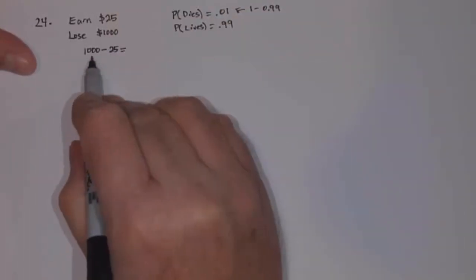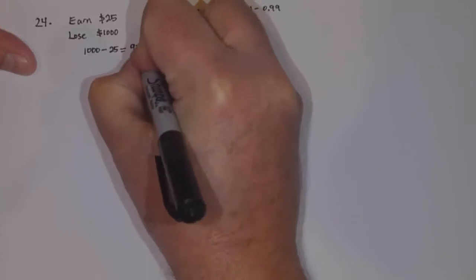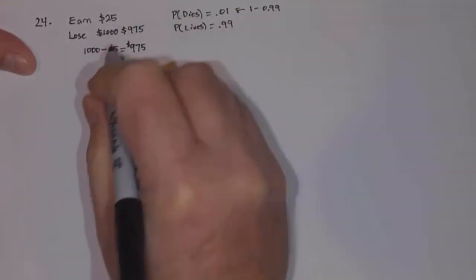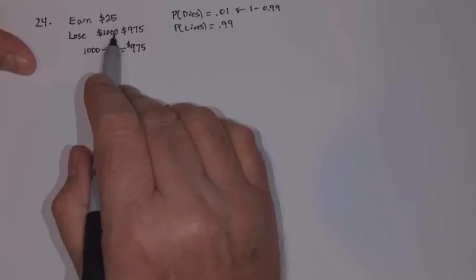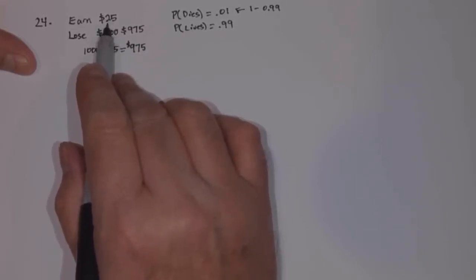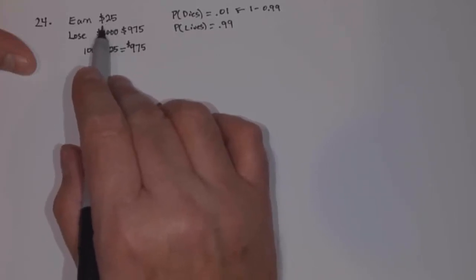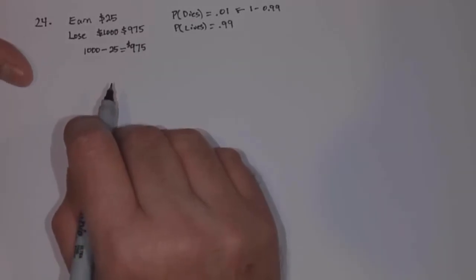So 1,000 minus 25 is 975. It's actually $975 that the insurance company loses rather than the entire $1,000, again because regardless of whether the insurance company has to pay out the $1,000 or not, the 20-year-old has paid $25 for the policy.